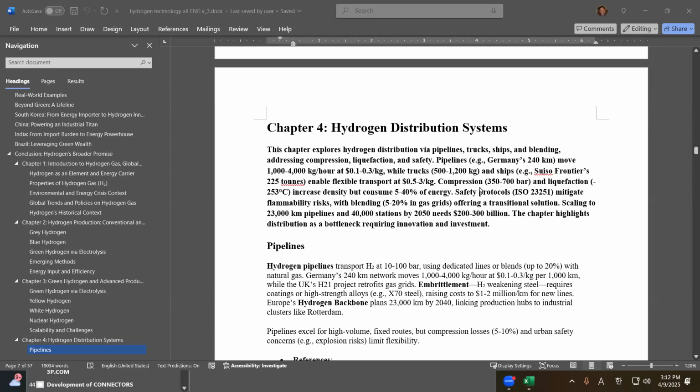For compression, the pressure needs to range from 350 to 700 bar, and for liquefaction, the temperature needs to be minus 253, at which hydrogen liquefies. This certainly increases the density, but consumes 5 to 40% of our energy.